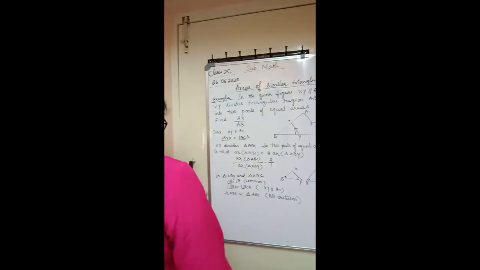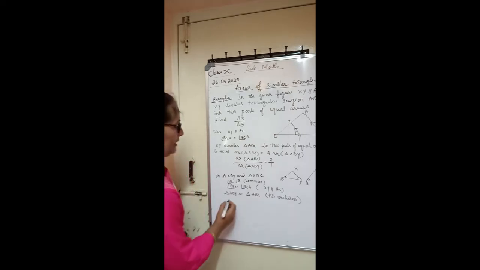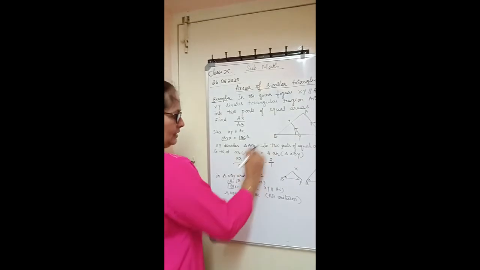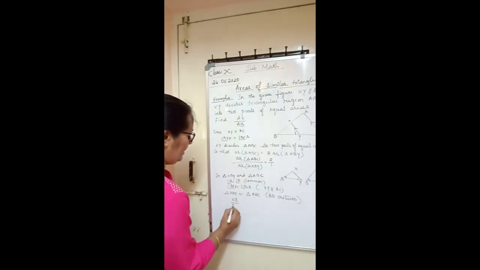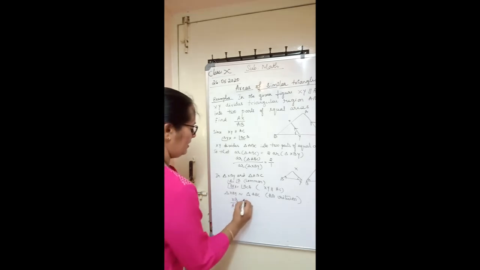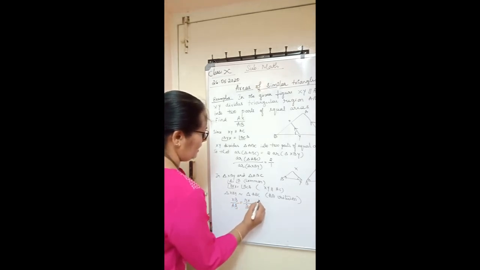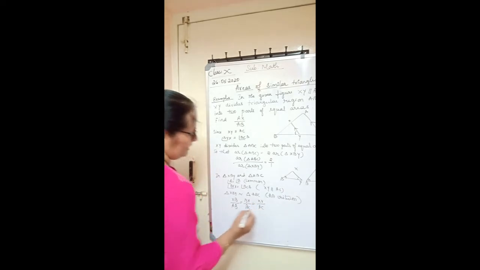When two triangles are similar, then their corresponding sides are proportional. That is XB proportional to AB, BY proportional to BC, and XY proportional to AC.